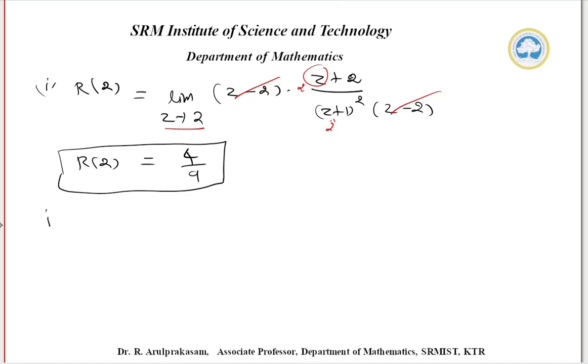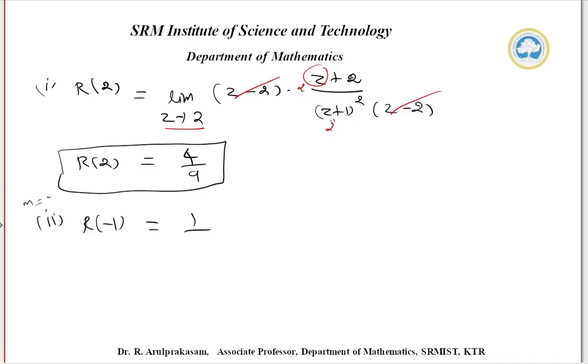So next, what is the next? My next question is to find the residue at a pole of order 2, the residue value at the point z equal to minus 1, which is a pole of order 2. So directly I can write the formula. You know for a pole of order m, here the m value is 2.